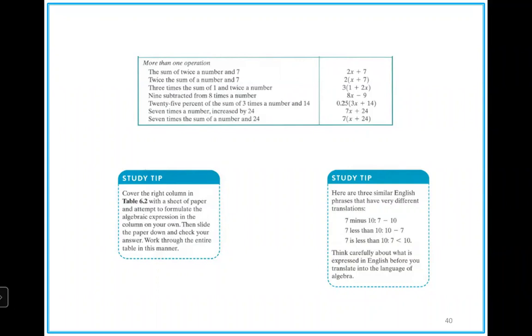Even though all 3 kind of indicate a subtraction, the order in which we place the numbers varies according to how it's worded. So they ask you to think carefully about what is expressed in English before you translate it into the language of algebra.